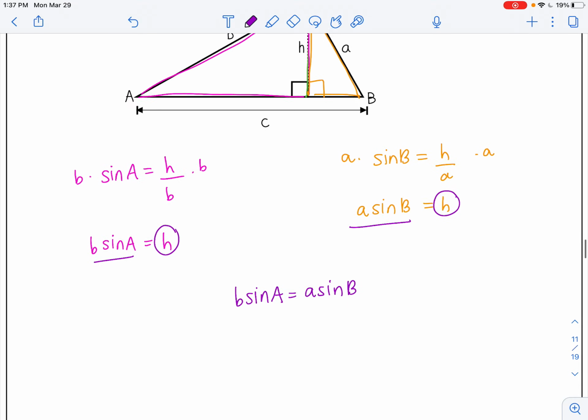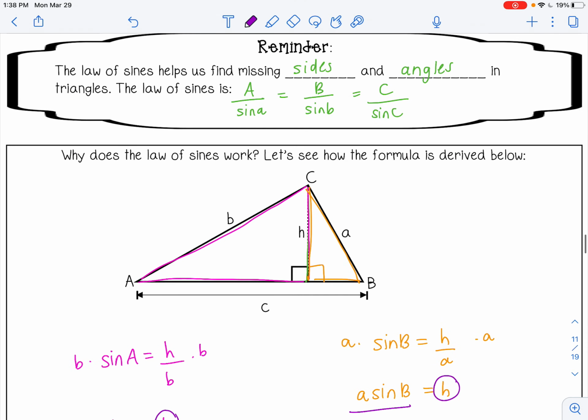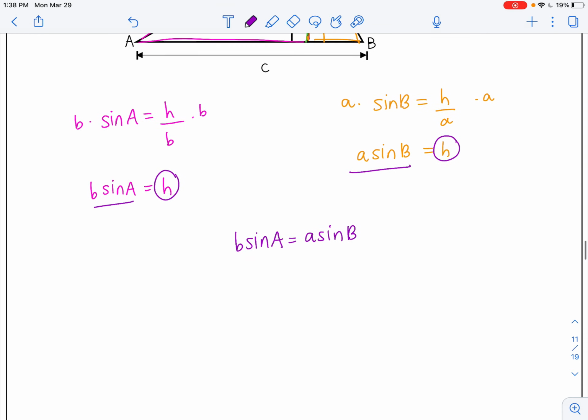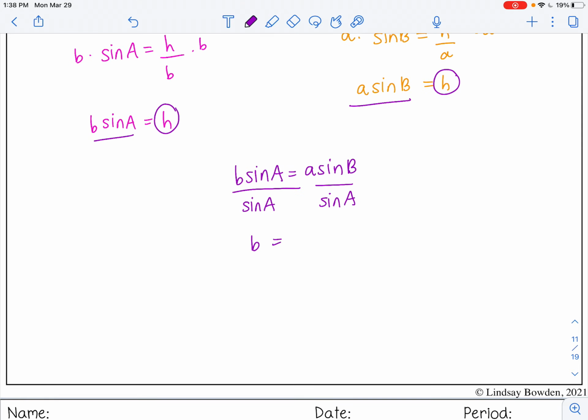But remember the law of sines, we have a on top and b on top by itself. So I'm going to divide here by the sine of A on both sides. So now I have b over sine of B equals sine of A. Then I'm going to divide by the sine of B on both sides.